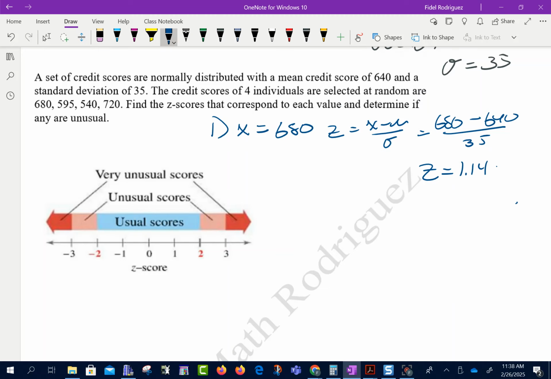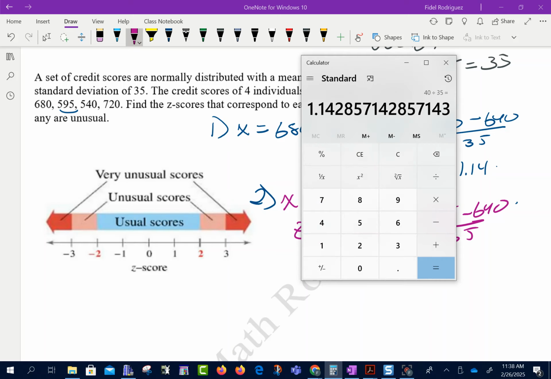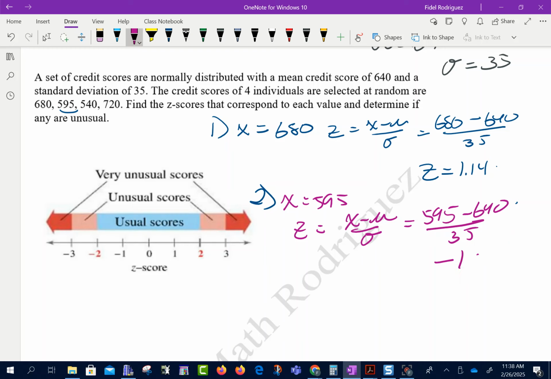Number 2. The credit score we have, my friends, is 595. So my x now is 595. Still going to do the same thing. I'm going to find my z-score. So 595 minus 640 over 35. 595 minus 640 divided by 35, negative 1.29.